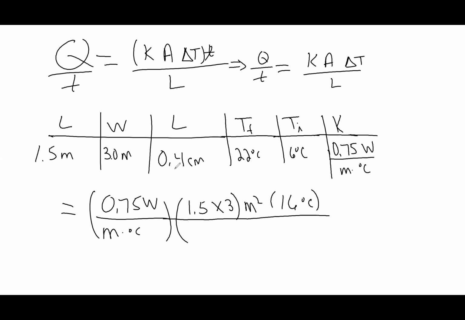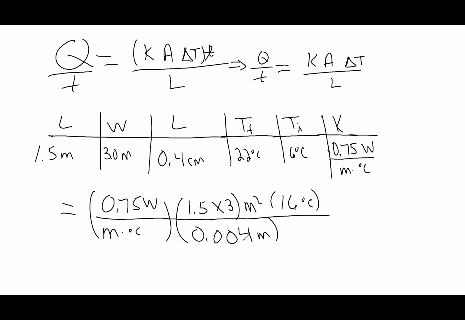But look, the reason why you know the length has to be in meters and not centimeters is because the meter square needs to cancel a meter here and this unit in meters. So of course you're going to put in 0.004 meters.